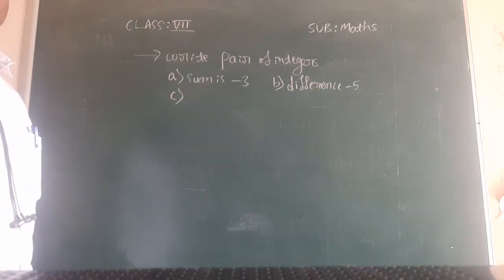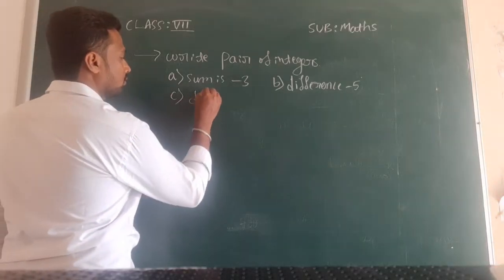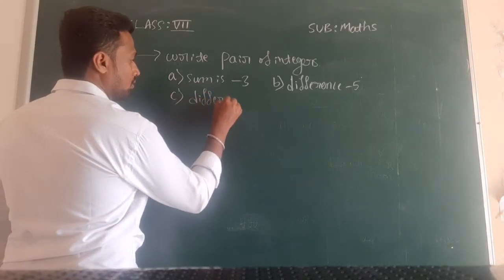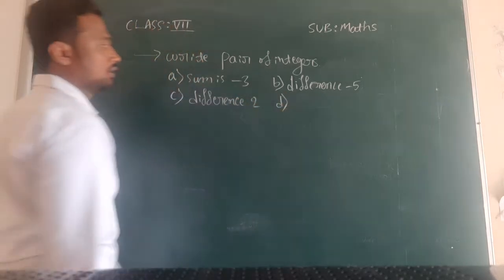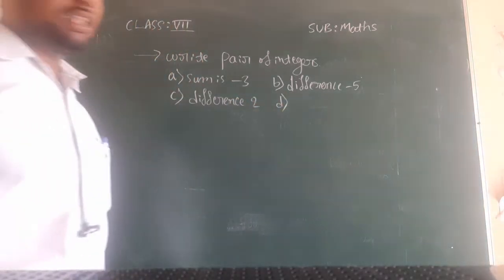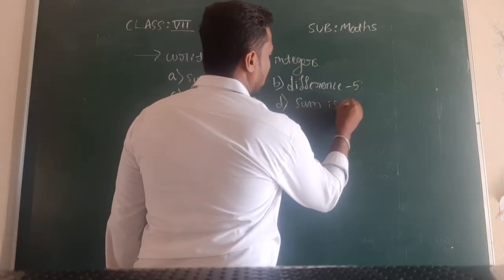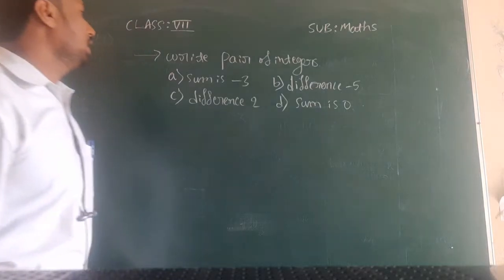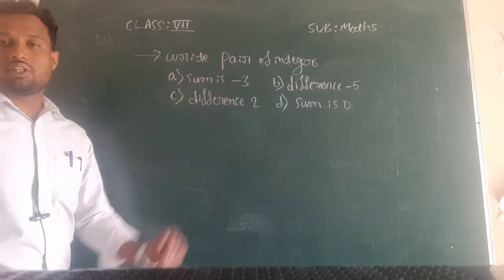So here, to get the sum as minus 3, we have to write a pair of integers.